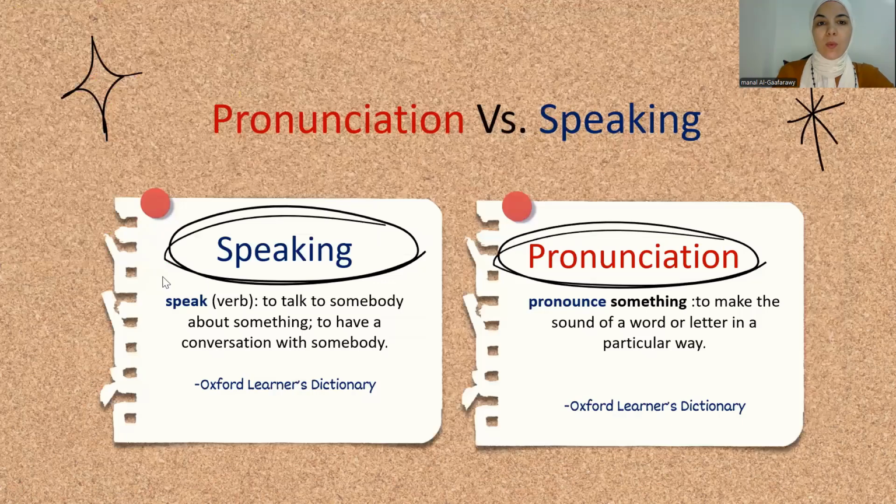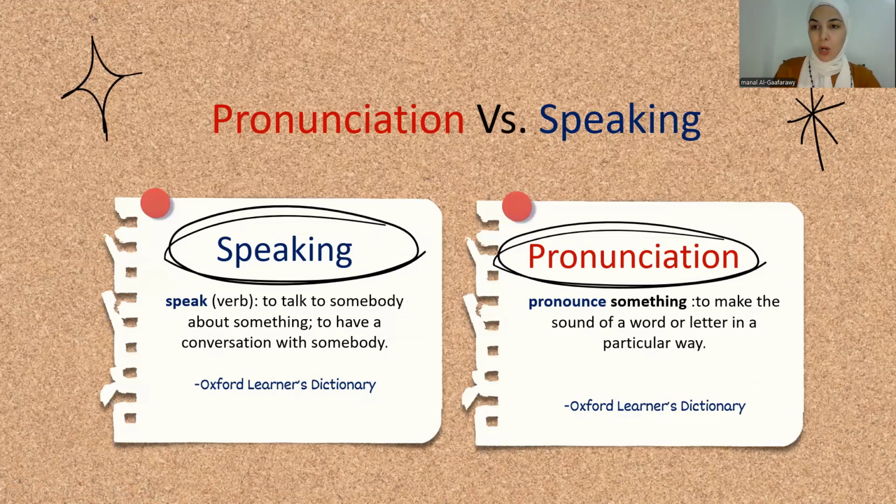So what is the difference between pronunciation and speaking? According to the Oxford Learner's Dictionary, to speak is to talk to somebody about something or to have a conversation with somebody. So it's more about expressing your ideas in spoken form.